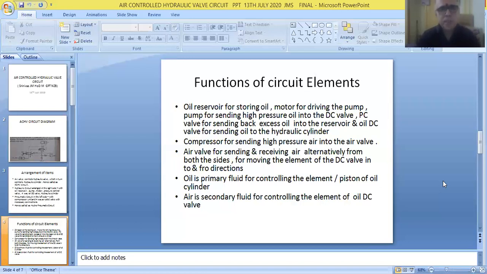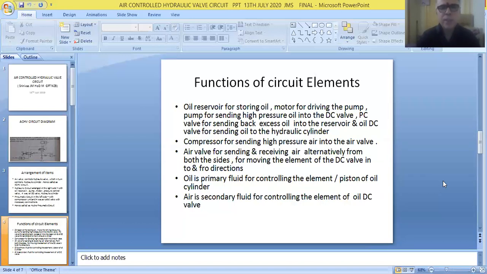All these items are very essential for operating the hydraulic circuit that is present on the right-hand side of the diagram. And friends, we have talked about the elements of the pneumatic circuit, consisting of a compressor driven by a motor. The compressor sends high pressure air into the air valve.